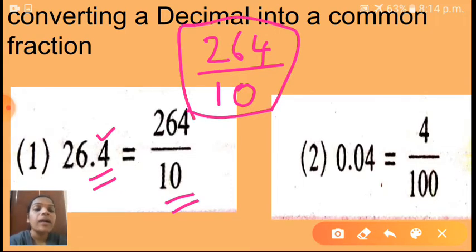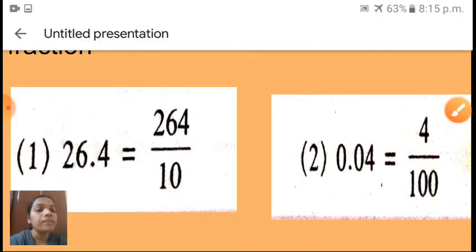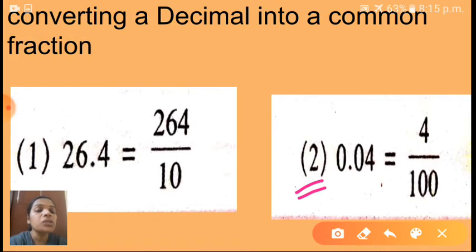Understood, children? And the second question, see here, is 0.04. Here the first step is what? Very good, we have to ignore the decimal point. So if you are ignoring the decimal point, which number do we write? Only 4, because this is 0, isn't it, children?